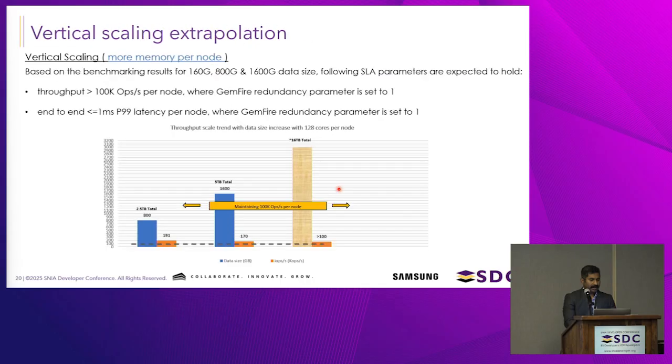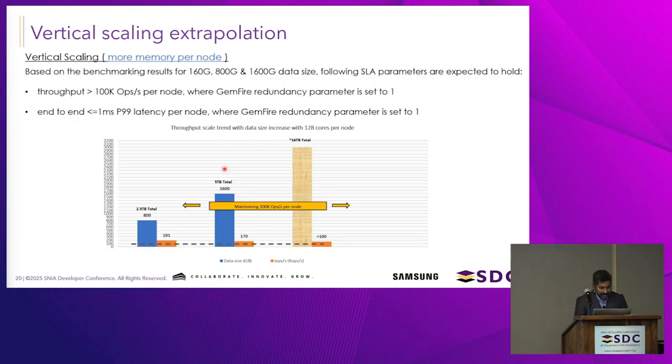And how does vertical scaling, like scaling up, look? What we found is that as we add more and more memory, of course, the throughput comes down, but it is still able to maintain more than 100k ops per second, at least up to the point we have tried.